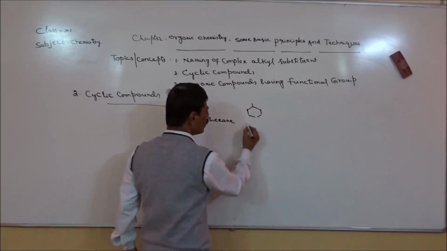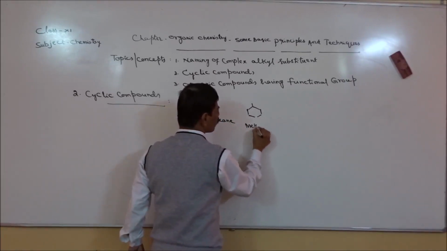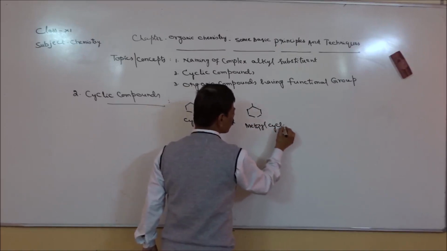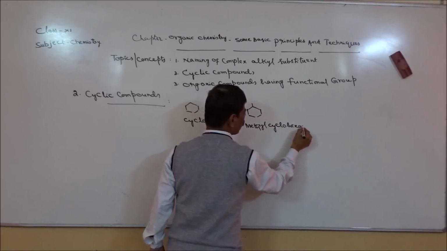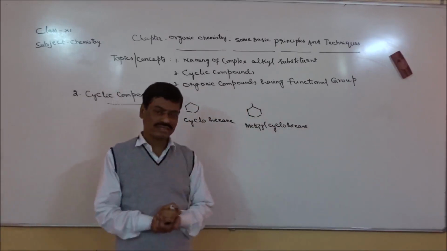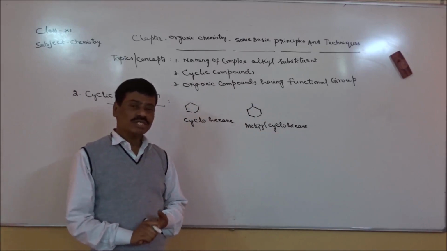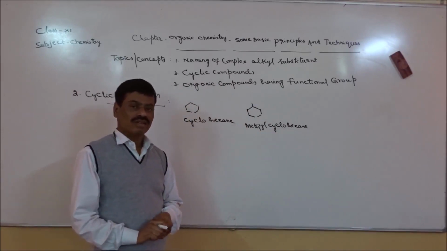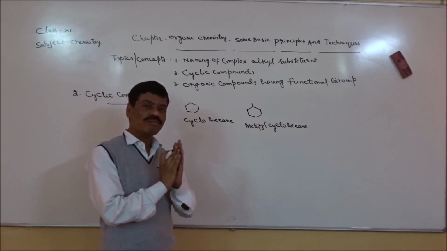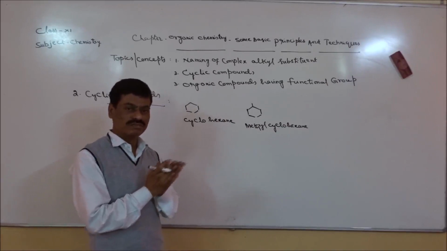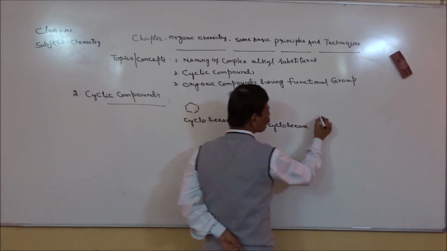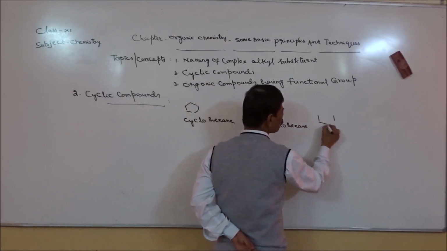So its name is methyl cyclohexane. Meaning in the case of this type of ring structures, the substituent's name always takes the prefix position, right? So methyl cyclohexane.